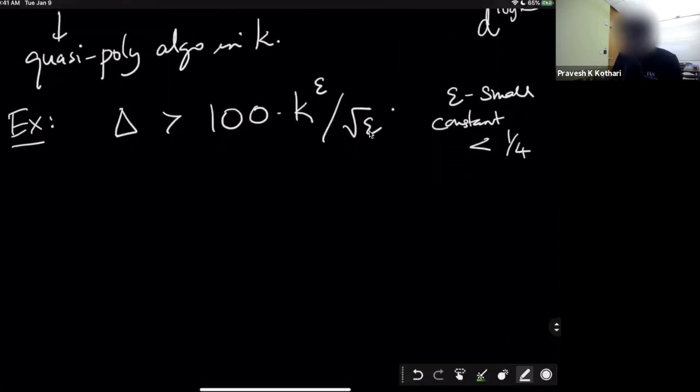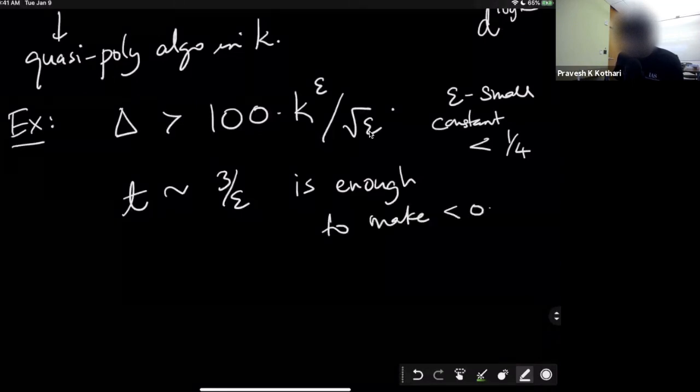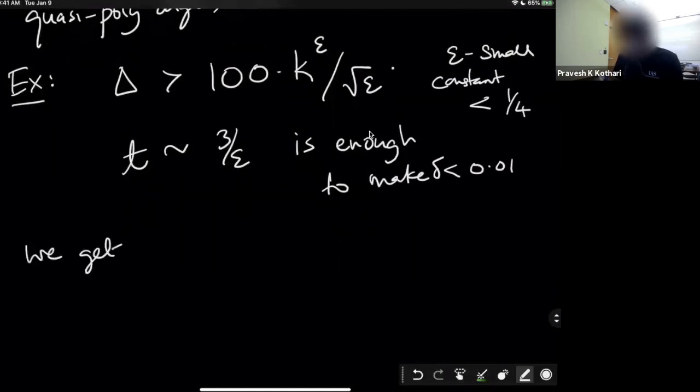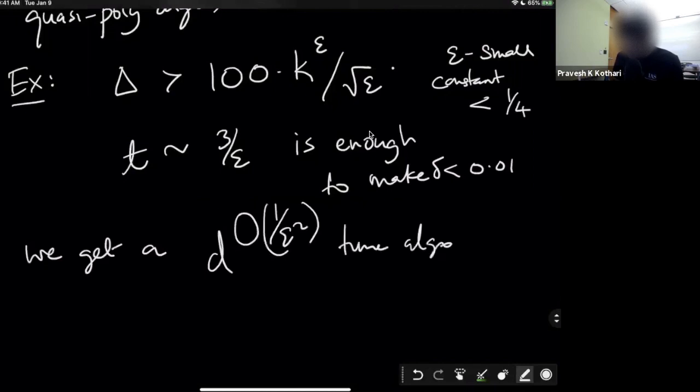So now if you plug in the same thing, you see that t equals 3 over epsilon is enough to make small delta less than 0.01, which means that we get a d to the O of 1 over epsilon squared time algorithm in this setting.